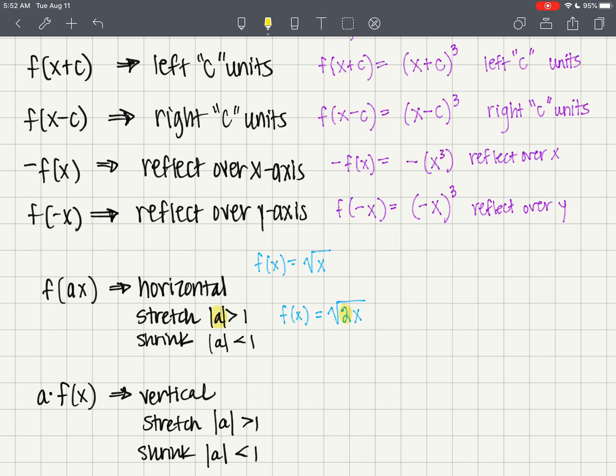So if that positive value is greater than 1, then we have a horizontal stretch. And if we have one that is less than 1, maybe 1/3, then we're going to have a horizontal shrink.